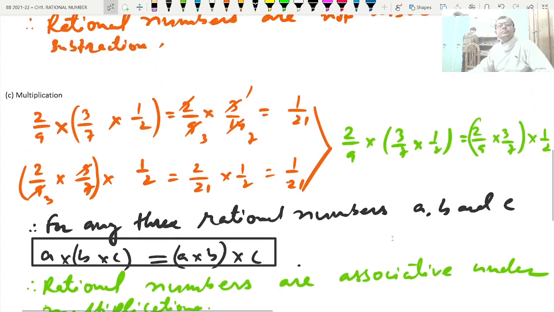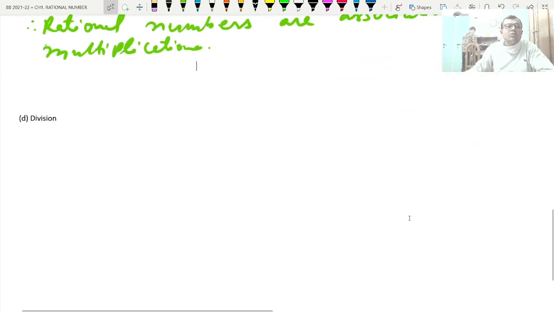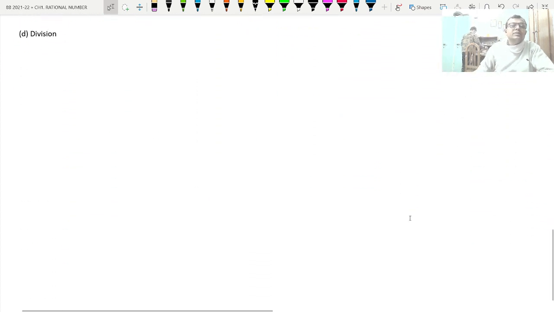Alright. So under multiplication, rational numbers are associative. Now, can you guess for division what will happen?